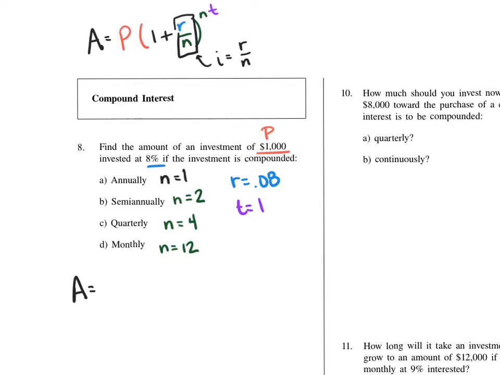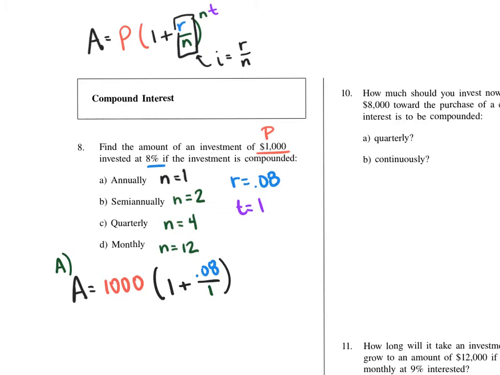So in this first one, we'll plug in P. So A is equal to 1,000 times 1 plus our R, 0.08, divided by our N for the first one. So this is annual that we're doing first, and that'll be equal to 0.08 over 1 times NT.